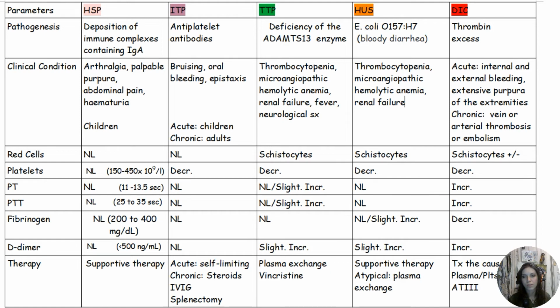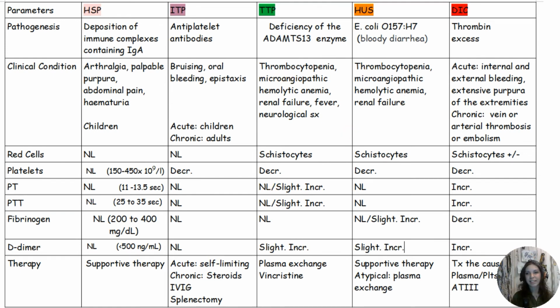Atypical HUS is quite similar to TTP, and it could occur in adults. Symptoms are absolutely similar to TTP, and treatment too: plasma exchange, like for TTP.